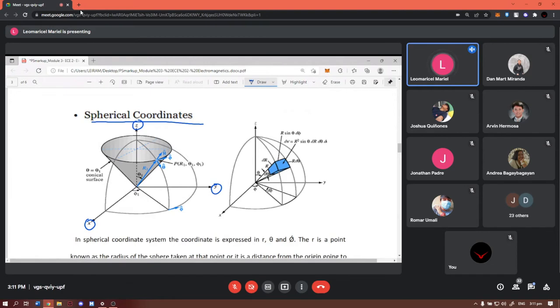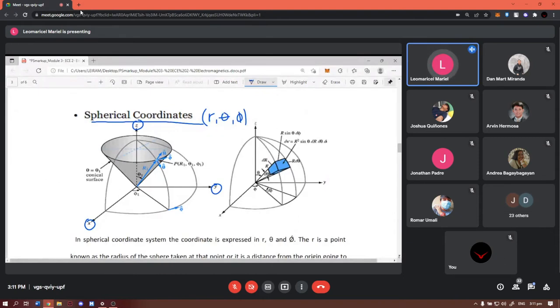Okay. So i-describe natin yung ating spherical coordinate system now in terms of r, theta, and phi. Yan ngayon yung coordinate natin: r, theta, phi. So yung x, y, and z natin, we need to convert that into r, theta, phi coordinates. Paano yung r, theta, phi coordinate?